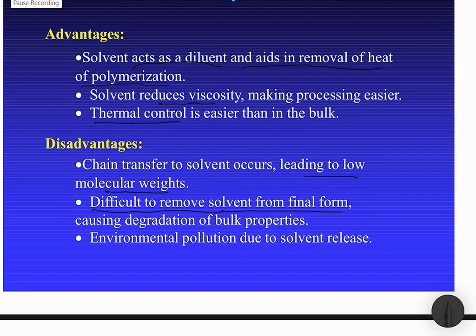Now, use of solvent can create a lot of environmental hazards, environmental pollution due to the release of solvent vapor, and you cannot control that, right? There will always be some solvent vapor in the plant and the surroundings, and you cannot resist that.